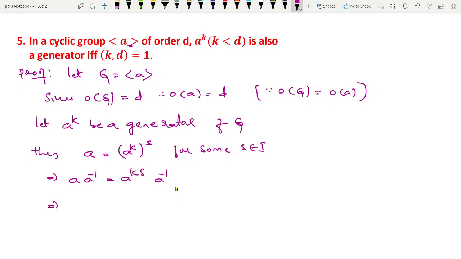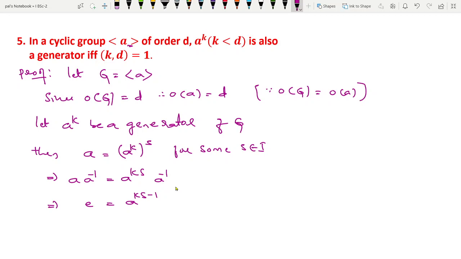Then a into a inverse gives the identity element e. So e is equal to a to the power of ks minus 1.